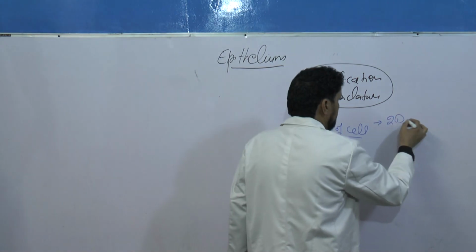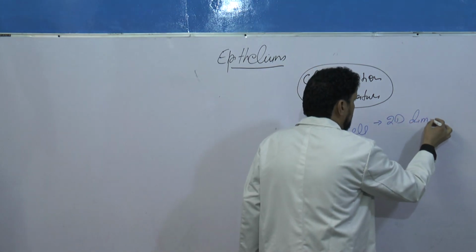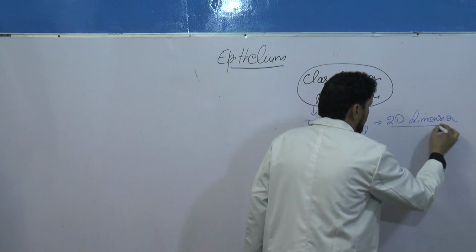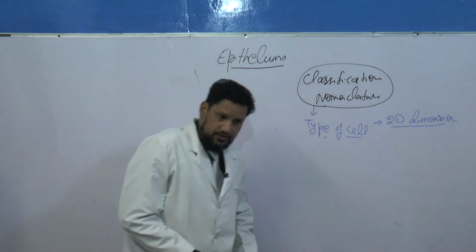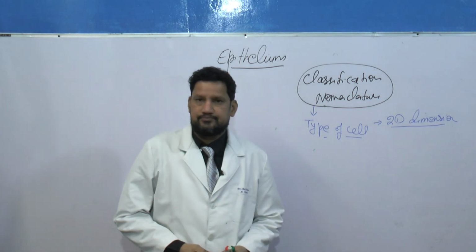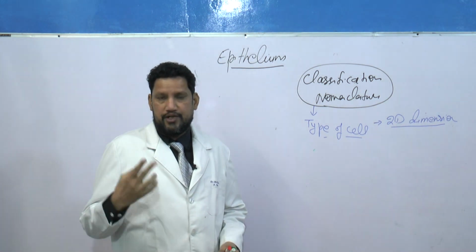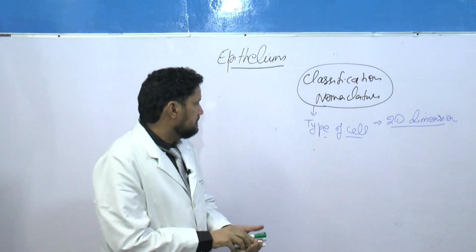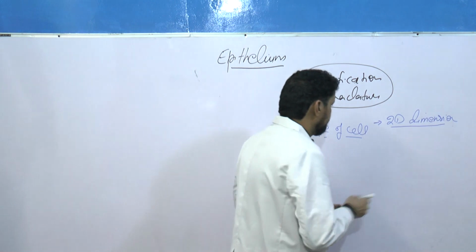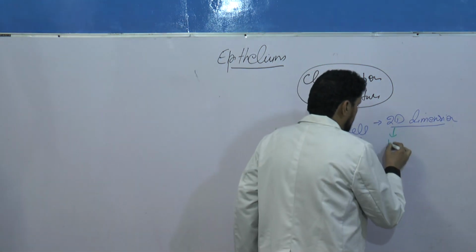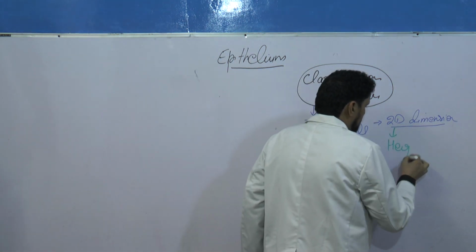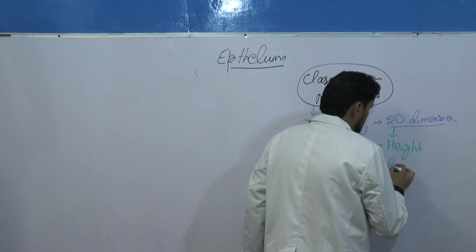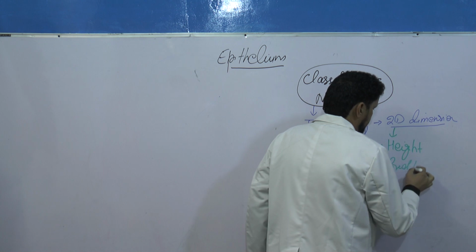The 2D dimension of the cell, and this 2D measurement of the cell has two components. One is the height and the other is the breadth.